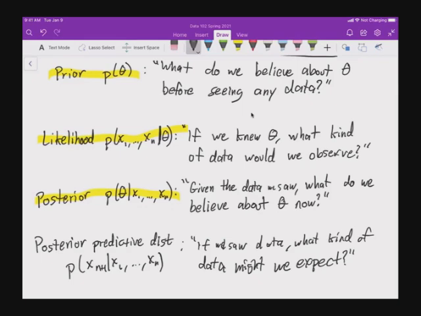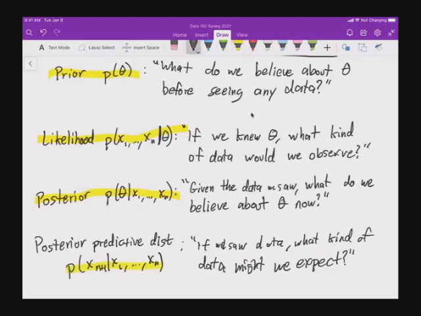What are the possible spreads that I could see if I look at new households or new sets of households? So this is really a very different question. It's not asking to reason about the hidden state of the world. It's let's actually try to predict what's going to happen next.